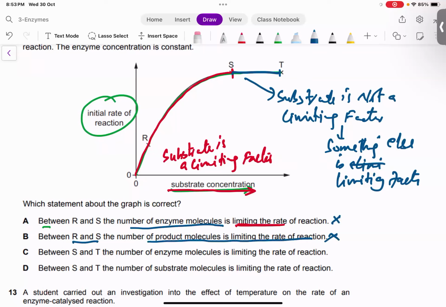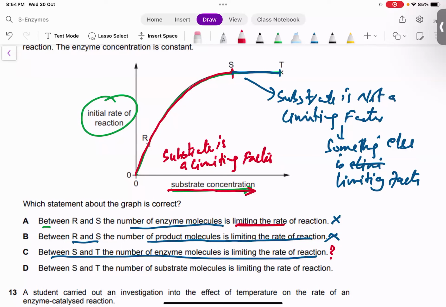No, the product is not influencing the initial rate of enzyme action at this point, so this is not correct. Between S and T, the number of enzyme molecules is limiting factor. Yes, that could be a limiting factor. So maybe this is correct, but without rejecting the option D, I cannot accept C.